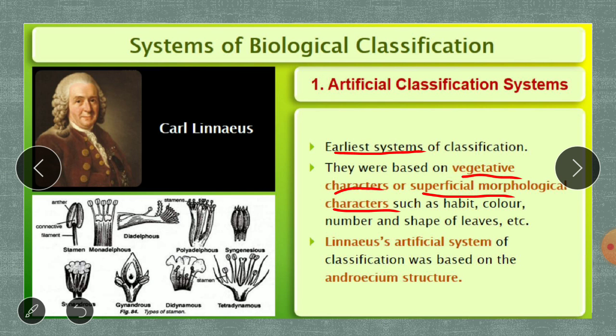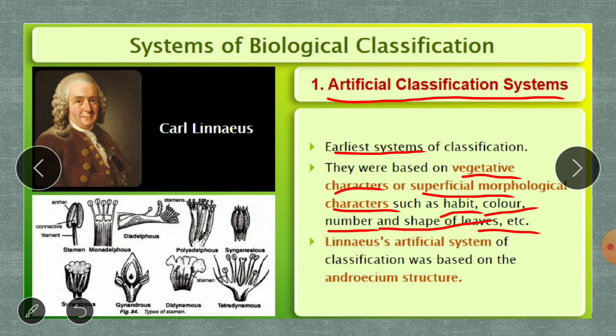By looking at the plant externally, they put forth the artificial system of classification, considering characteristics like the habit where it is growing, the color of the plant, number and shape of leaves, etc. So, based upon such superficial, external, morphological characteristics, the artificial classification system was given.